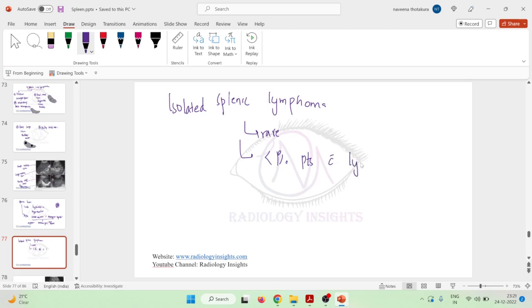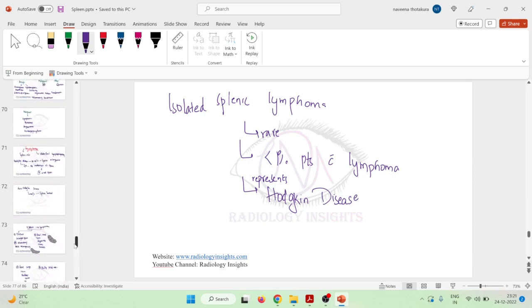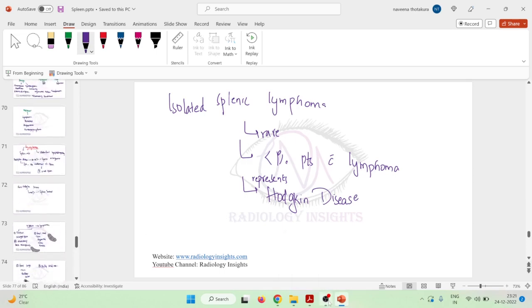In most cases it represents Hodgkin's disease. So these are the important points about splenic lymphoma, which is one of the malignant lesions of the spleen. Thank you.